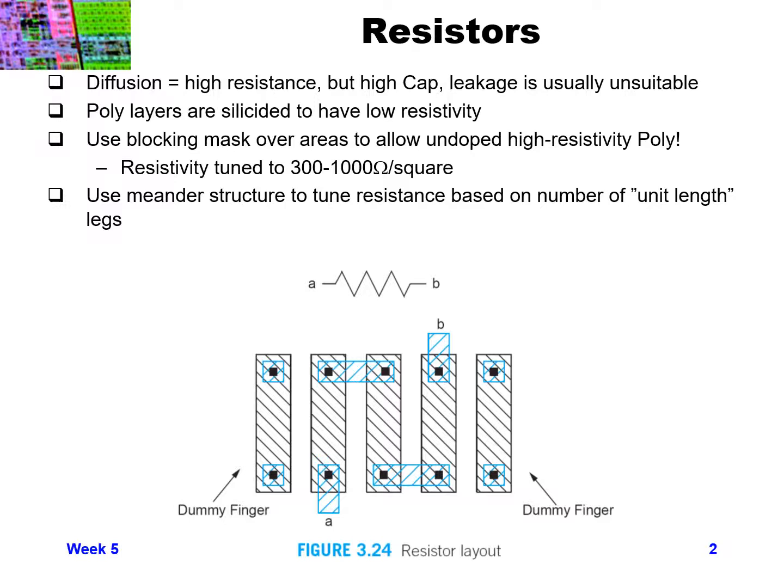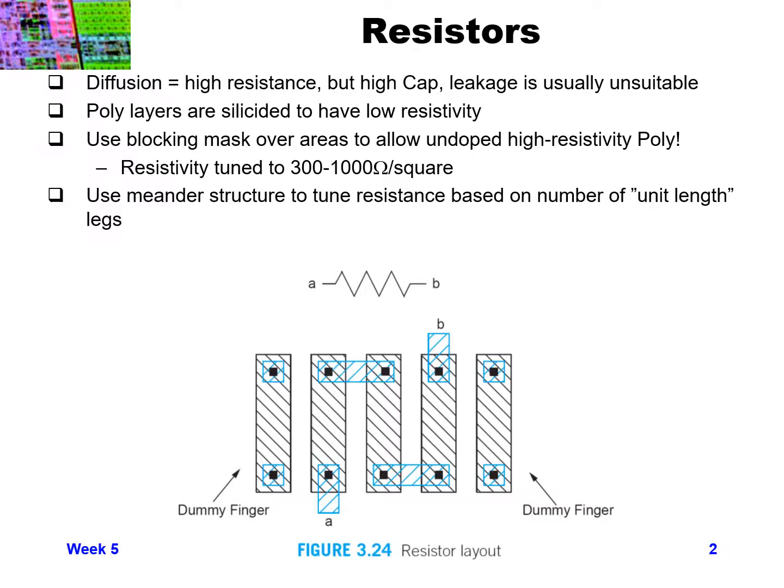So you can sometimes tune your resistivity to maybe up to 300 to 1,000 ohms per square, which means you can get a relatively high resistance by doing this type of thing. And then if you have an unsilicided poly layer that you've created, then you can use what's called a meander structure. You can create a finger of poly or whatever layer you're using to create a unit resistance.